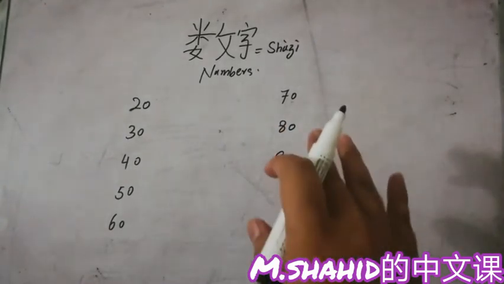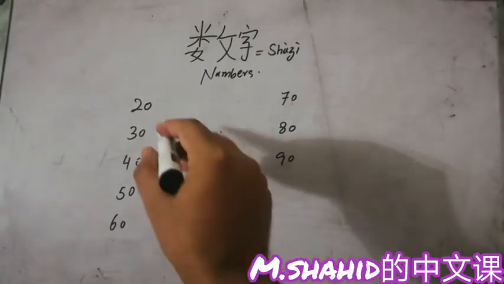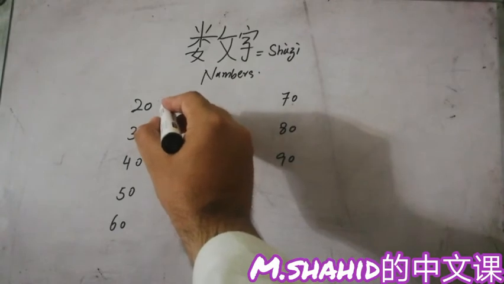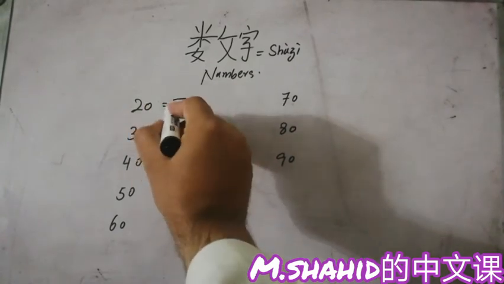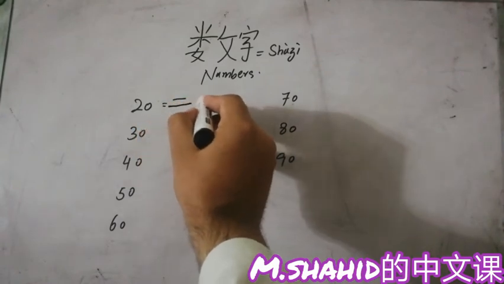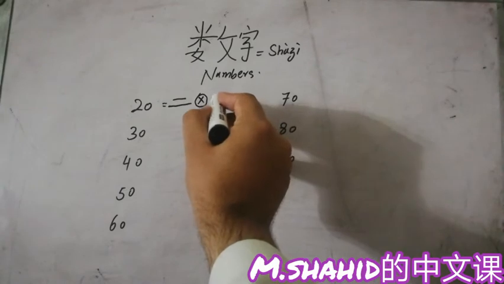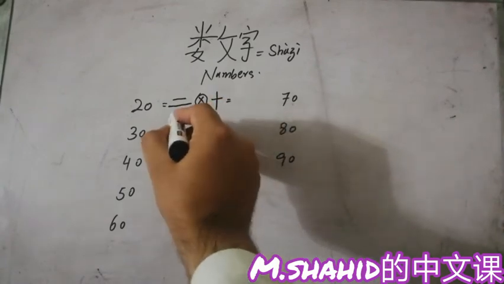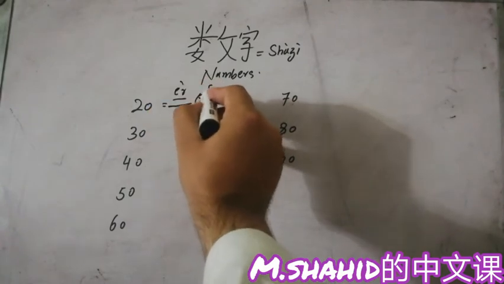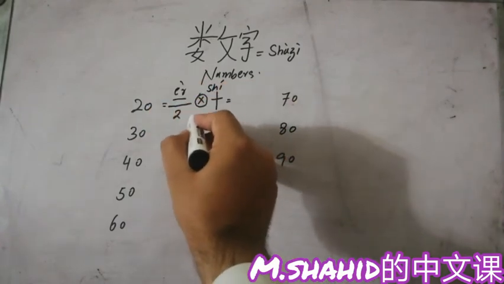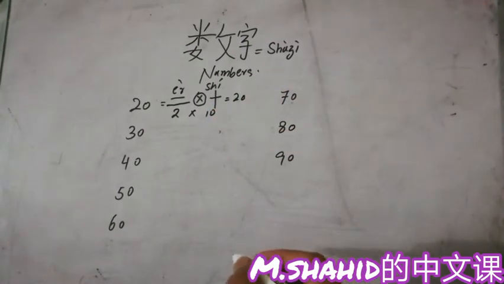This is up to 90. So if you want to write these, you have to know the character for writing 2, and then you multiply it with 10. So it is 2, it is R, and it is 10. 2 multiplied by 10, and it will become 20.